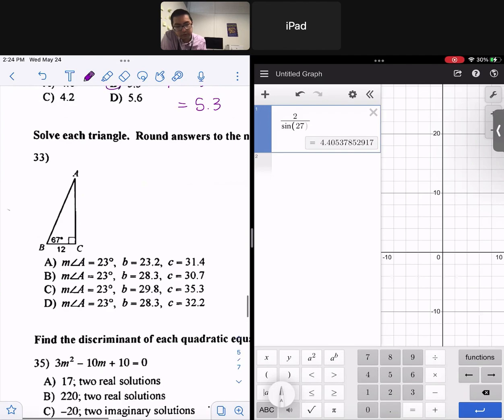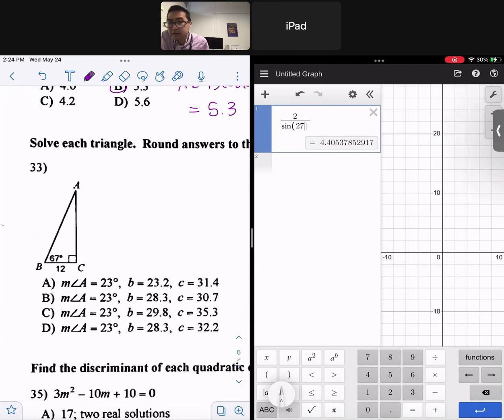Okay, so this one, you have to find everything. We already know this is 23, because a whole triangle adds up to 180. But now we need to figure out what is this length and this one. So this is angle B, and the side length opposite to angle B is what we call lowercase b, and the side opposite to C is what we call lowercase c.